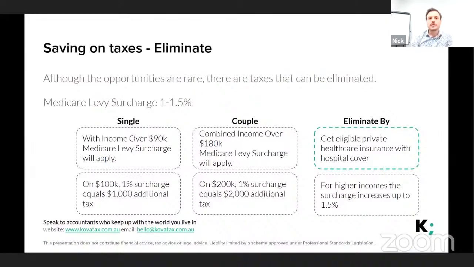Where we're seeing this situation at the moment, particularly with the Medicare levy surcharge, is you might have a modest salary, so that you wouldn't necessarily be over that 90K limit or 180K limit for a couple, but you have a large investment portfolio with large unrealized capital gains, and you're thinking of disposing of them.